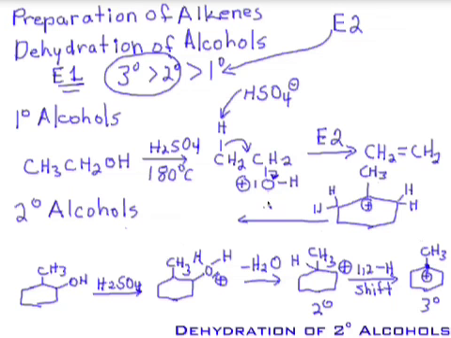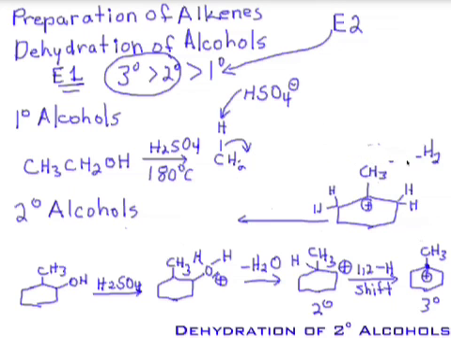Okay, so if, say, I'm in H2SO4, my base now is, what, HSO4 minus? So if HSO4 minus comes and grabs one of these H's, like here, and those two electrons go here, I will get this alkene.